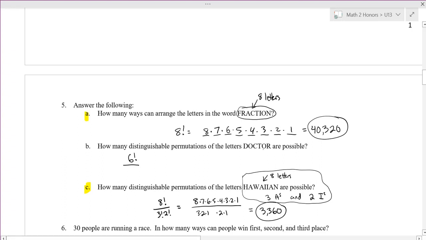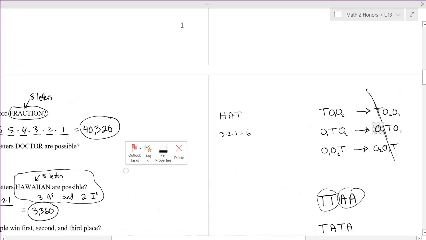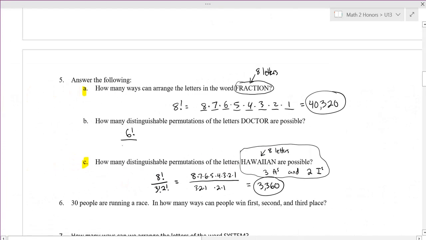We have 2 O's, so we're going to divide by 2 factorial, and that's the only repeat we have. And so we just work through this, find out what 6 times 5 times 4 times 3 times 2 times 1 is, divided by 2 times 1. And after you work through that, you're going to end up with 360.